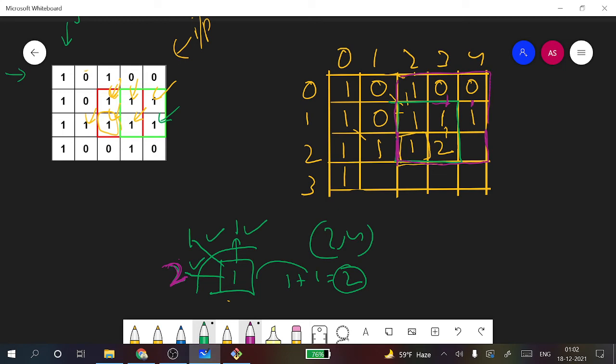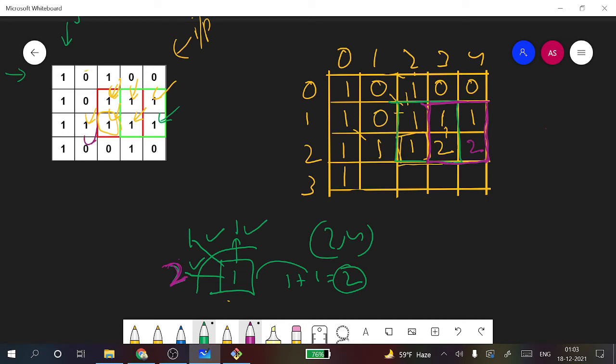So if you consider this whole block, this won't be the case because zeros are there. So we will be considering only the minimum of these three, which is this block here highlighted in purple. The minimum of these three is 1, and considering this block, 1 plus 1 is 2. So our value will be 2 here.